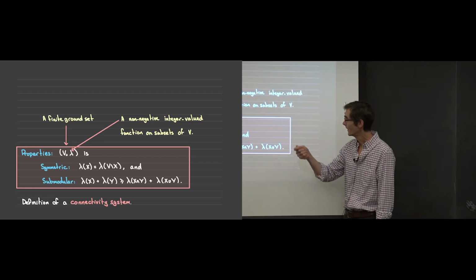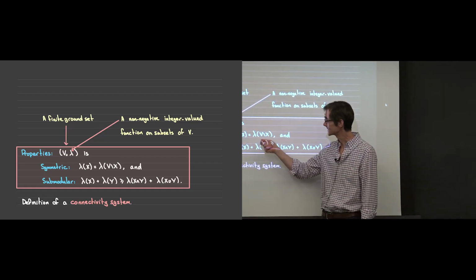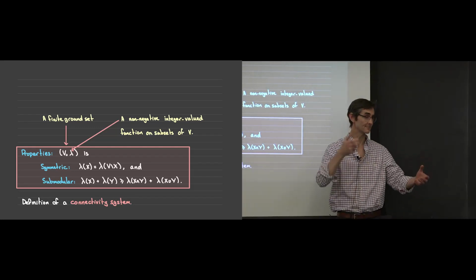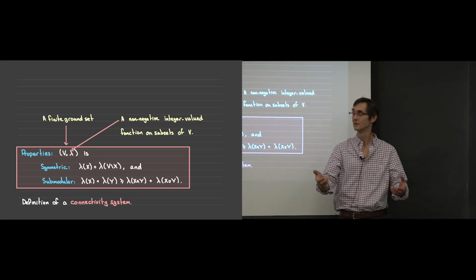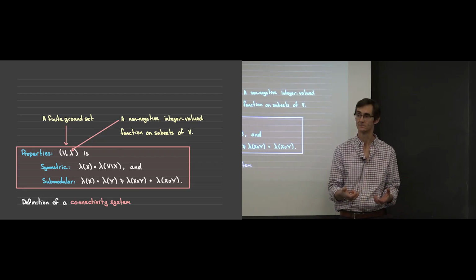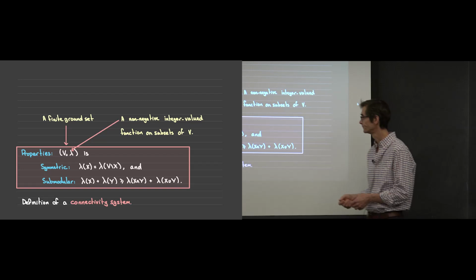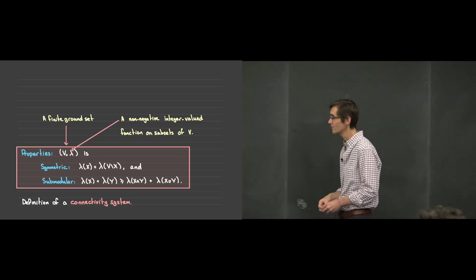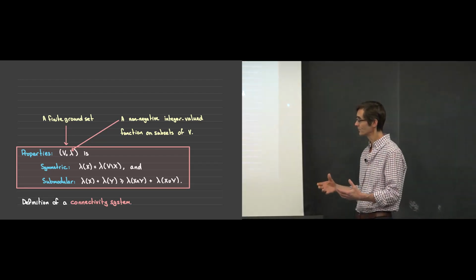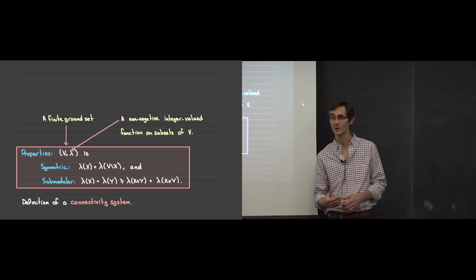That connectivity function has to satisfy those two conditions. It has to be symmetric, so the connectivity of a set is the same as the connectivity of its complement, and the function has to be submodular. Okay? So that's what I mean by a connectivity system, and it turns out that connectivity systems come up a lot in combinatorics.